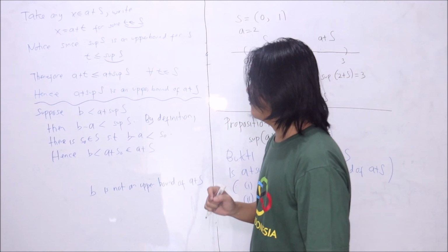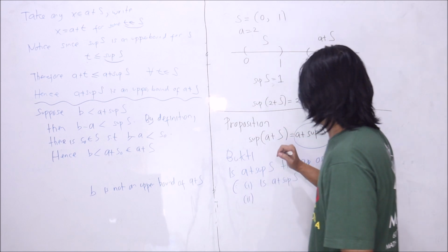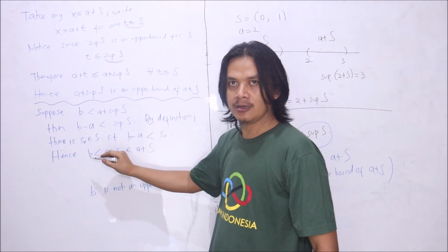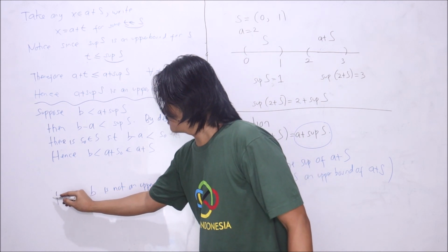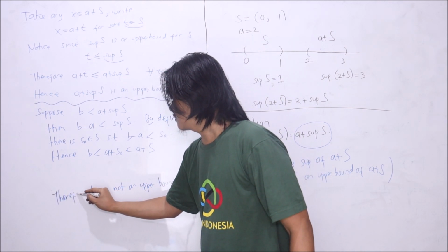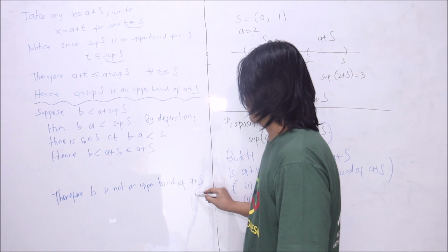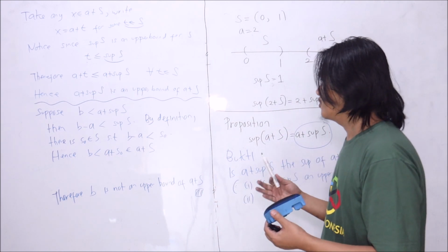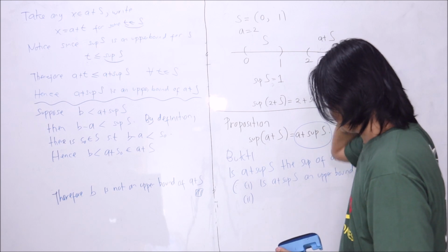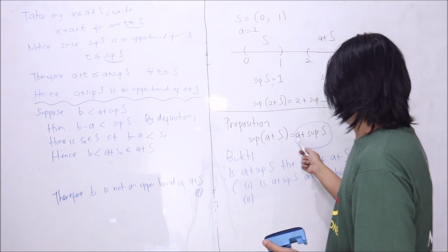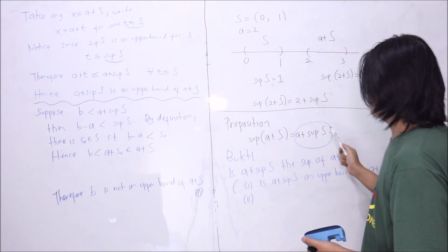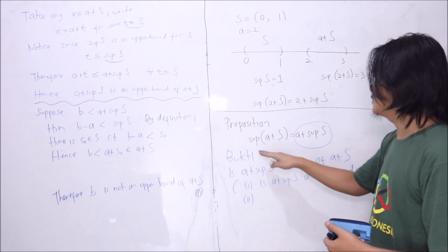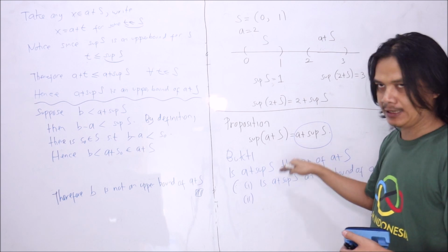It means we can find an element of A plus S which is greater than this B. And therefore, B is not an upper bound of A plus S. So we are done. So we just show that this guy, A plus sup S, is indeed satisfying the definition of the supremum of that set.